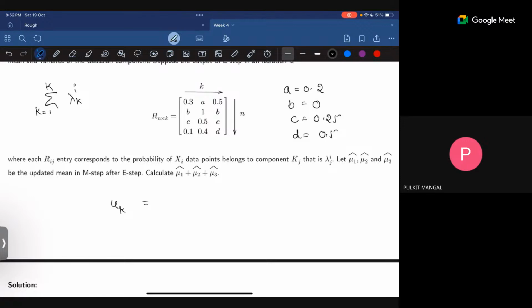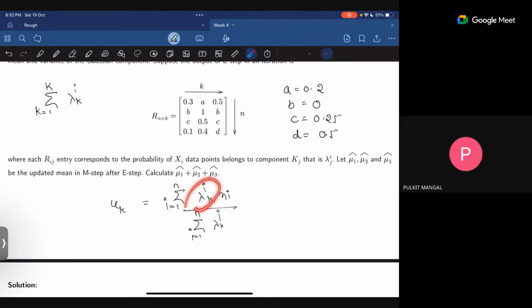I hope you remember that it is called the weighted average. Weighted average of what? We take the weightage of these conditional probabilities. We fix the component, and varying over n, the number of data points, we take this conditional probability as our weightage: lambda ik xi, summation from i equal to 1 to n, divided by the summation of lambda ki.